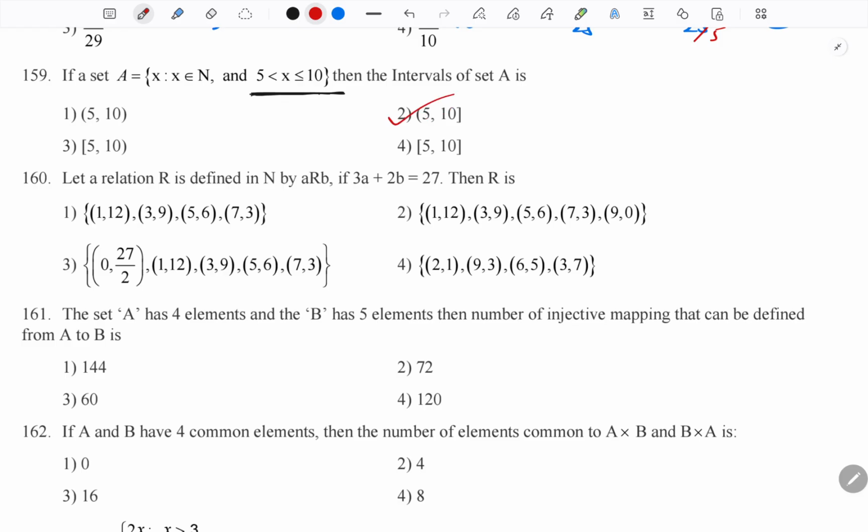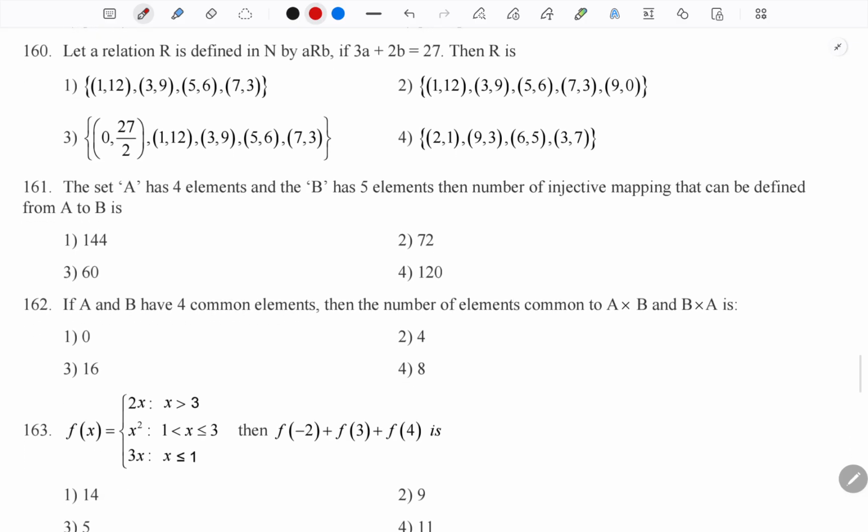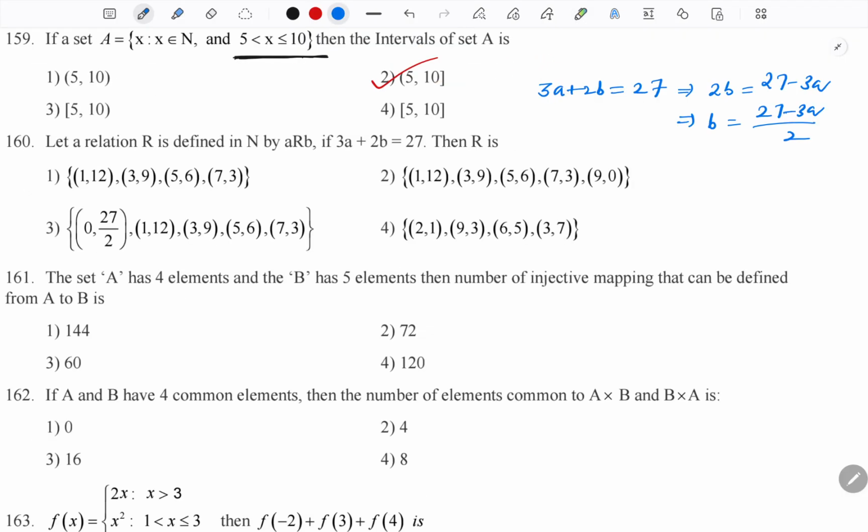Option 2. Next one. Let a relation be given by the relation 3a plus 2b equal to 27, then R is how much? From the given condition, find the b value, either the b value or the a value, your choice, students. Now take one option at a time, then pick the correct answer.